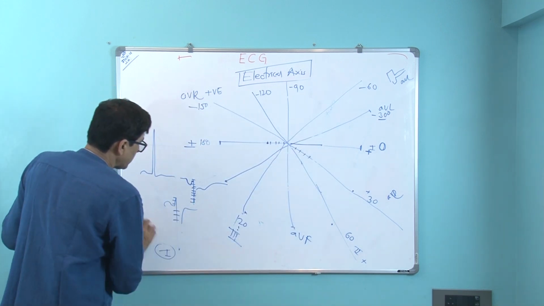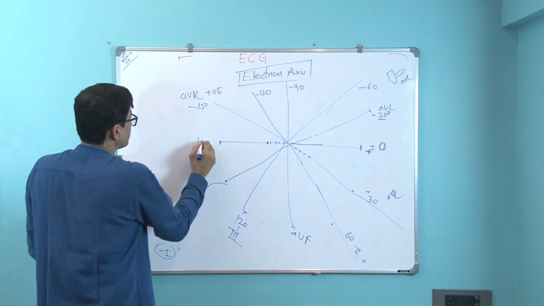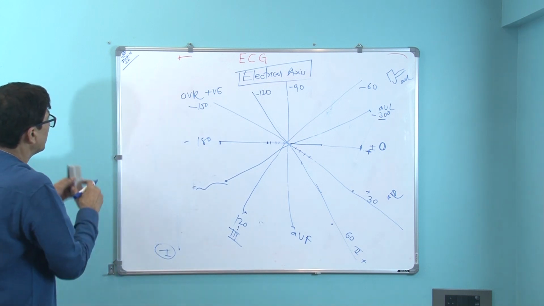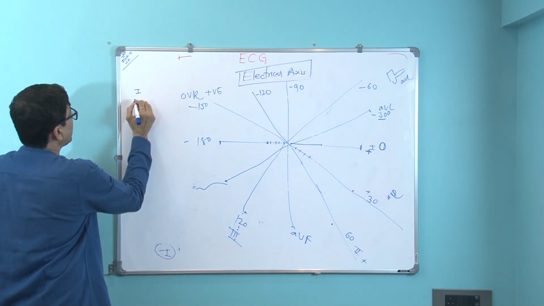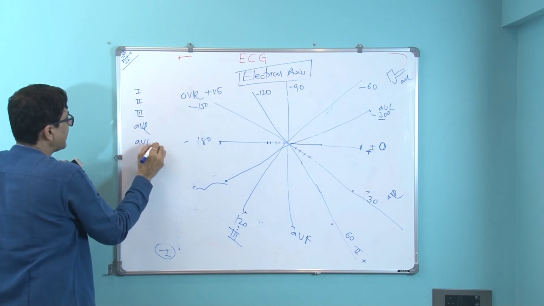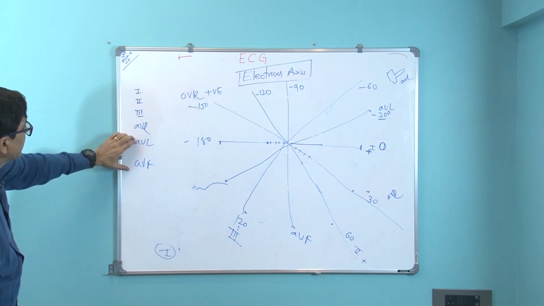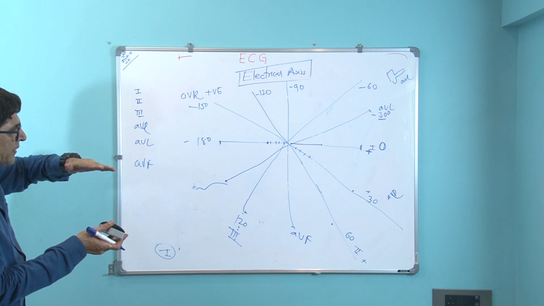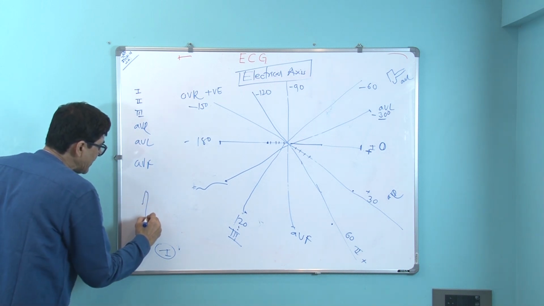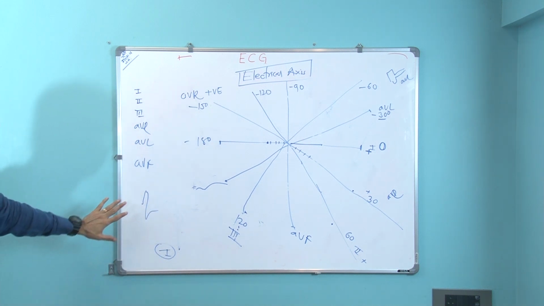How to calculate axis? Out of 6 leads, 1, 2, 3, AVR, AVL, AVF, you have to find out the lead which is most equivocal. Equivocal means if you see positive deflection and negative deflection which is equal, almost equal.